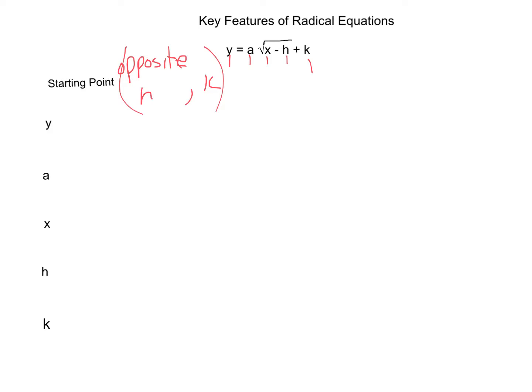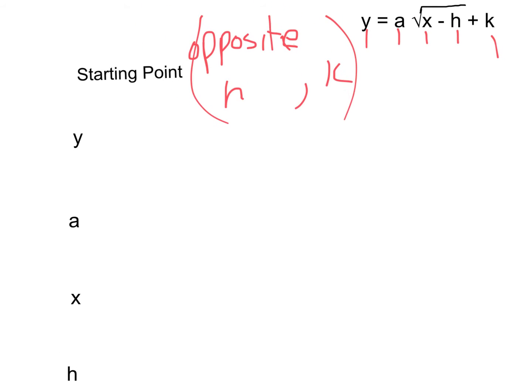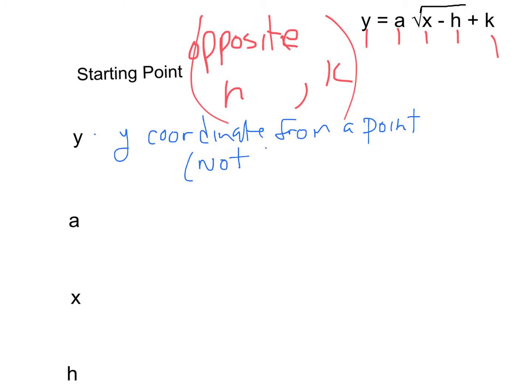Alright, so now the Y. Let me zoom in a little bit here. Okay, the Y is the Y coordinate from a point, but more specifically, not your starting point.